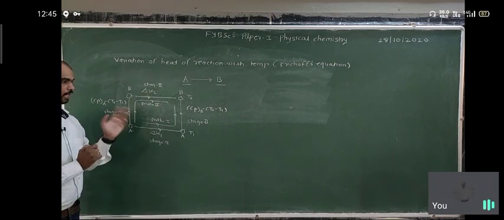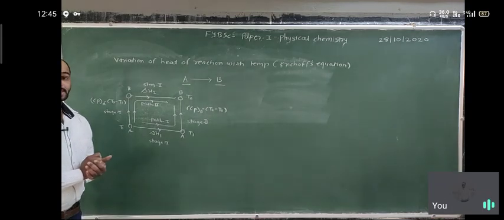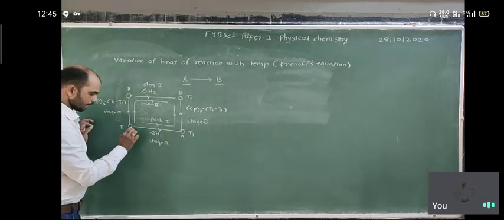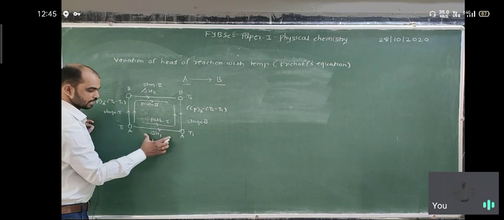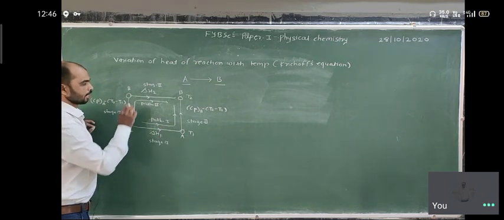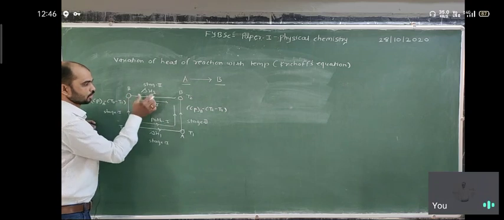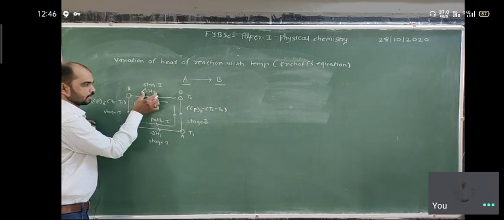So heat evolved and heat absorbed, there are two things. At this stage, first heat is evolved at temperature T1, we consider it as delta H1, and heat evolved at temperature T2 is considered as delta H2.